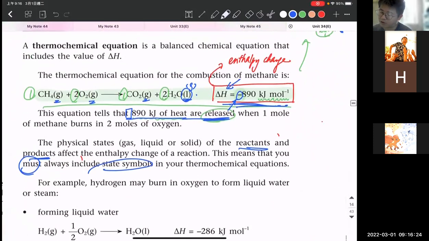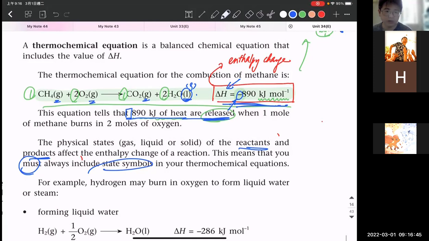So this is what you may know about this. Because of that, remember the key points when we write down the thermochemical equation. First of all, you need to show the enthalpy change for the reaction with the sign plus or minus. Second, the equation, once you balance it, must agree with that listed.